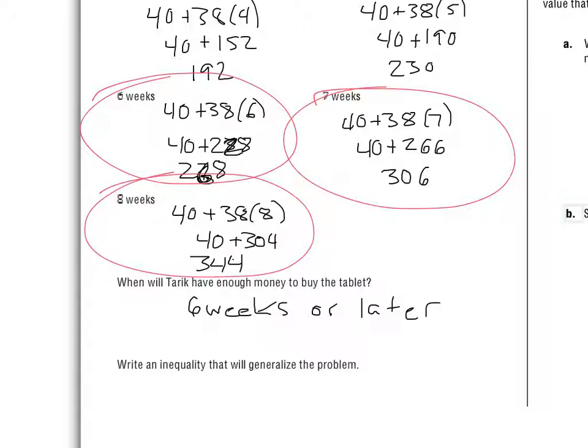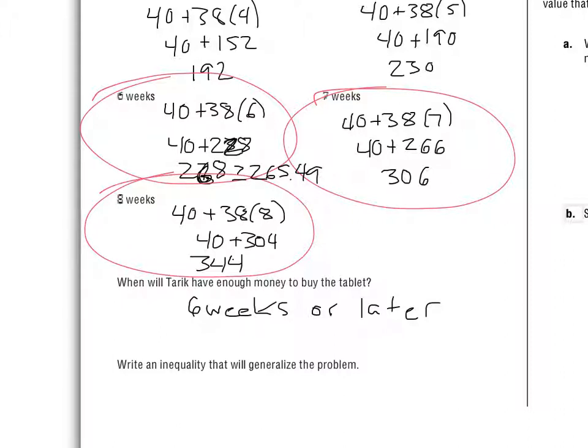Now, again, when we think about this, we're looking for things that are greater than or equal to $265.49, and that's really important when we look at our next piece.